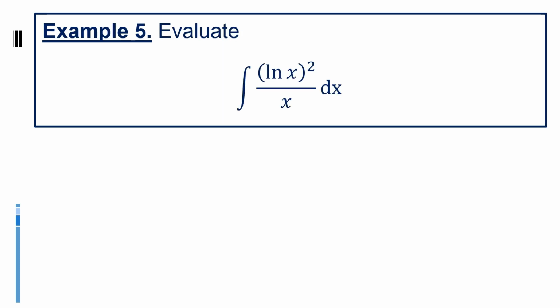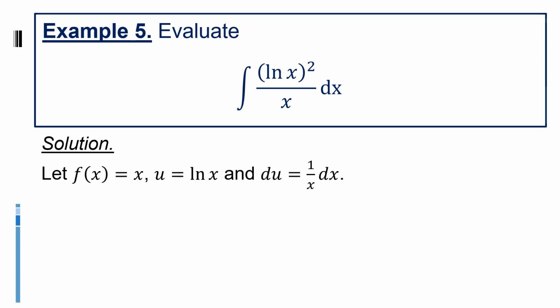Now, let's evaluate the integral of ln x squared over x dx. So, ang ating f of x dito ay x. Ang u natin is ln x. And du natin is 1 over x dx. So, the integral of ln x squared over x dx is equal to the integral of ln x squared times 1 over x dx.